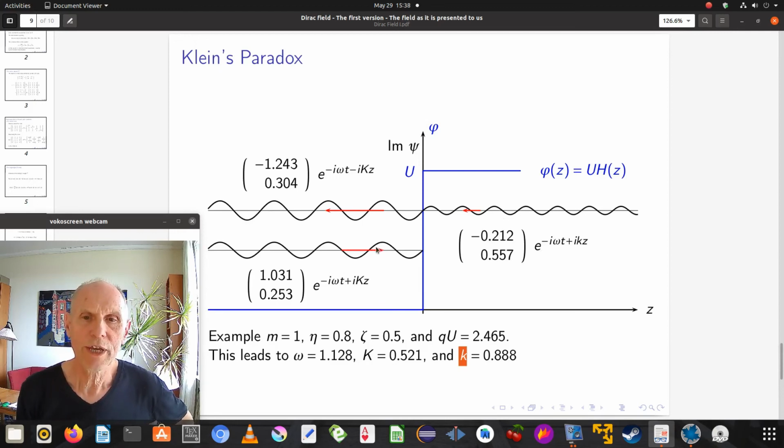We have an incoming wave, and a larger outgoing wave, like 40%, 50% greater. And then there's an incoming wave. It generates an incoming wave this way.